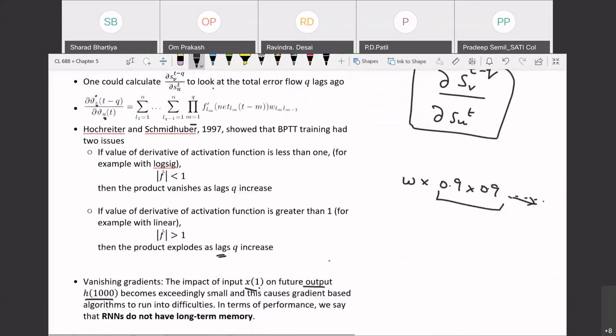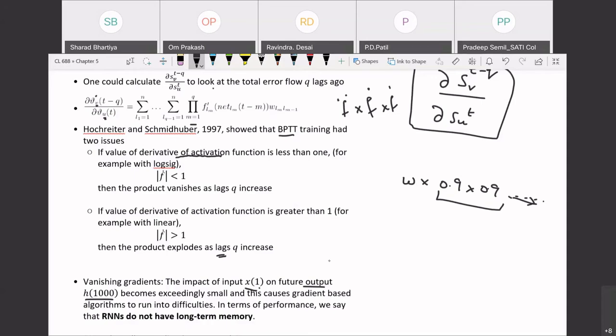It turns out that because you have the same values of the weight, your activation function keeps getting repeated. So you have f dot, the derivative, and it keeps getting repeated. It is some f dot multiplied by f dot multiplied by f dot and so on. And using this, backpropagation through time was not giving very good results.